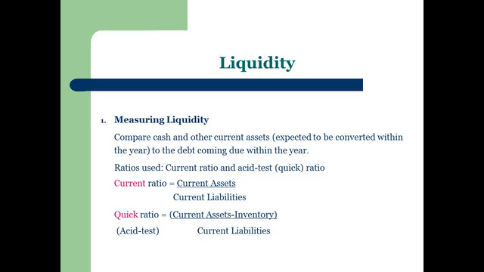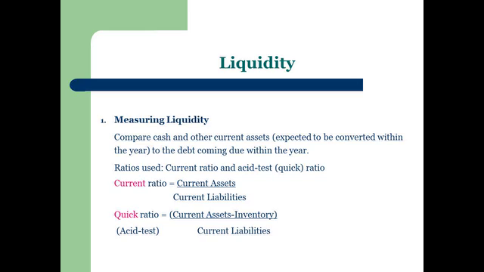In the current ratio, we just divide current assets by current liabilities. Under current assets you have inventories, receivables, cash in hand, cash at bank, and any other asset which can be converted into cash within 1 year.